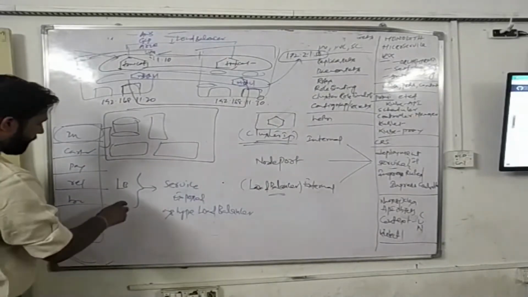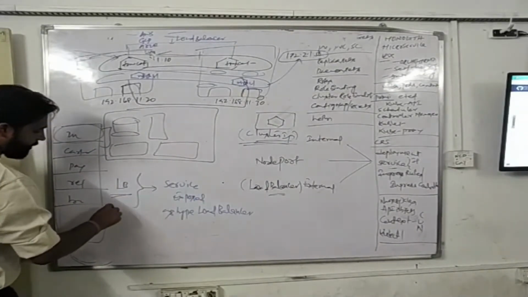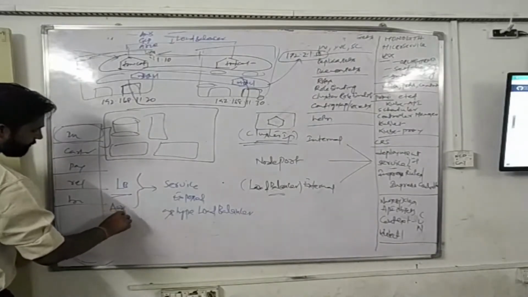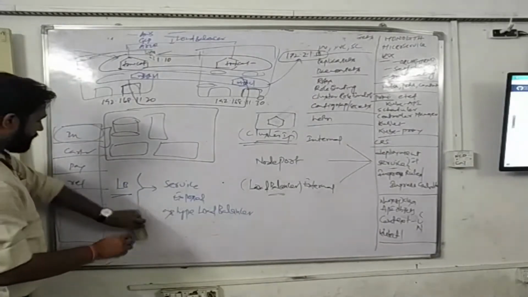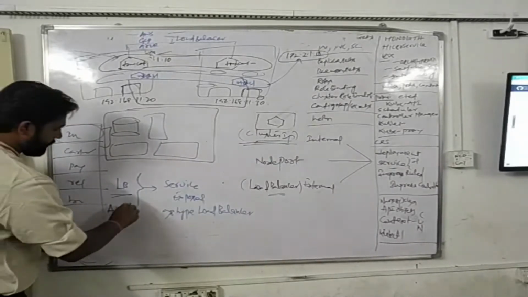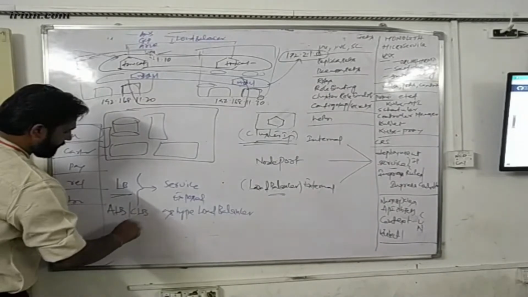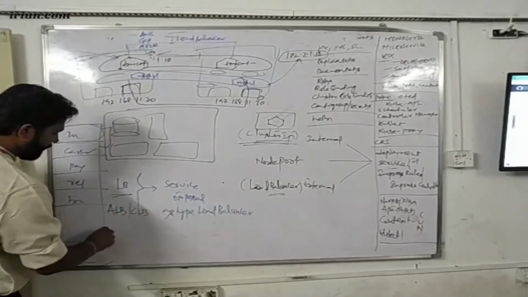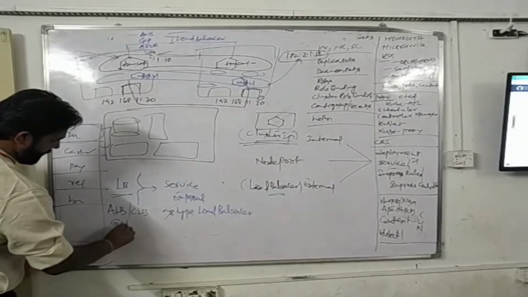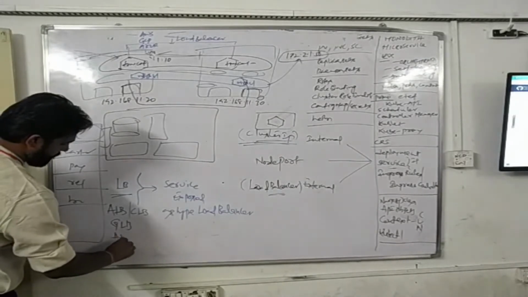Now there are multiple types of external load balancer. You have elastic load balancer from AWS. It's called ALB or CLB, classic load balancer. Then there is a network load balancer, whatever it is, don't worry. Then Google also has Google load balancer. Then Azure has it.